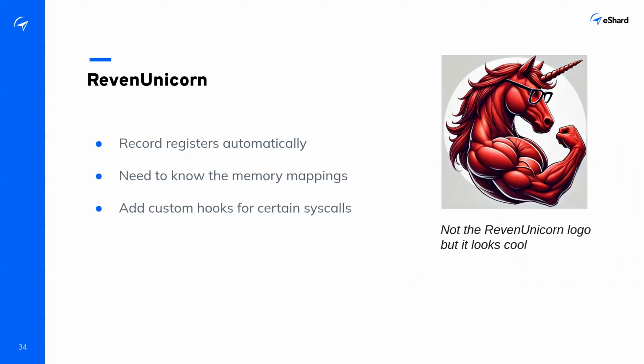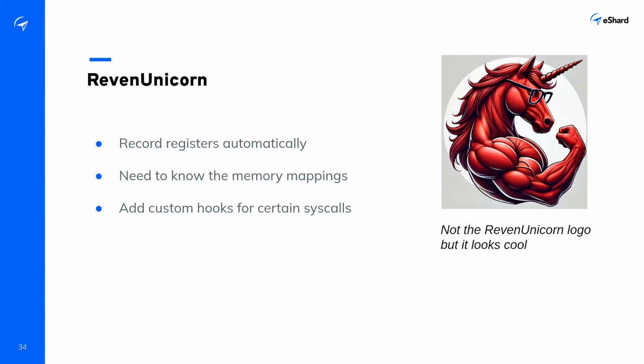We also, in-house, have Raven Unicorn, but let's pause for a second. What is Raven Unicorn? It comes from Raven, which is our traditional time travel engine that works on full system emulation. Raven Unicorn has been built to do the same thing, but on Unicorn. And as we've seen two slides earlier, Qiling is based on Unicorn, so there must be something that we can cook here. We describe in the later slides how we managed to integrate each other.